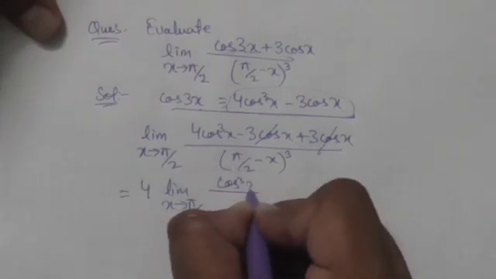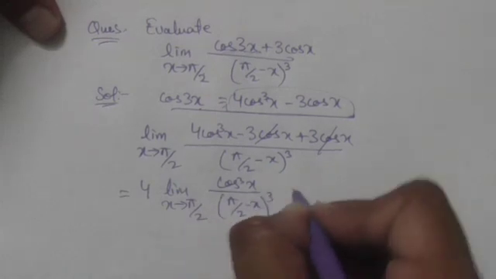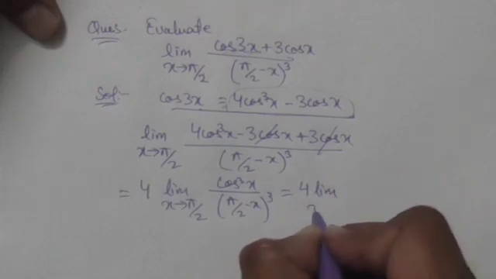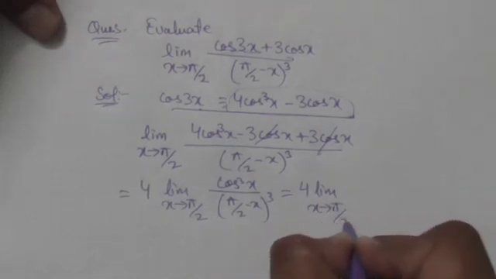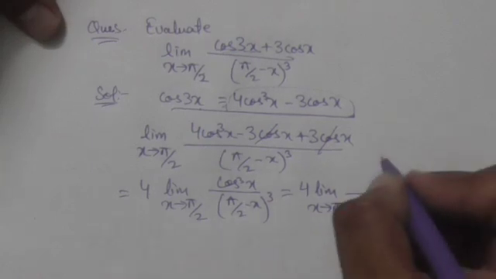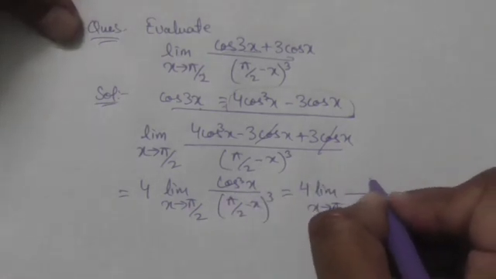cos cube x upon pi by 2 minus x raised to power 3. It is equal to 4 limit x tends to pi by 2. Now what is cos x? It is sine of pi by 2 minus x. So in place of cos cube x, what will I write?